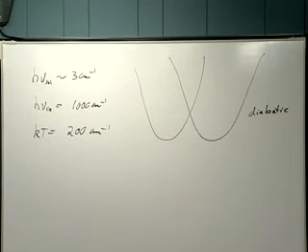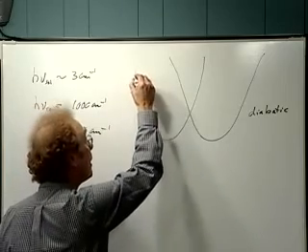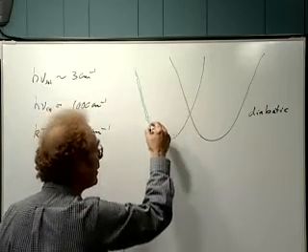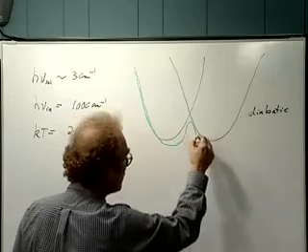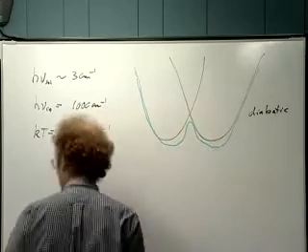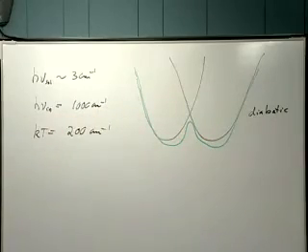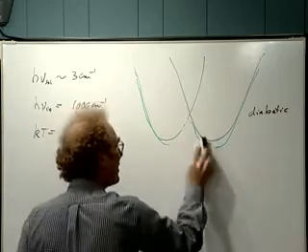and they don't interact. But quantum mechanically, you know that the surfaces are going to repel each other, they're not going to cross, and they're going to interact in some way. And so the actual true surfaces are something like this. I didn't draw them very well. Let's try that again.